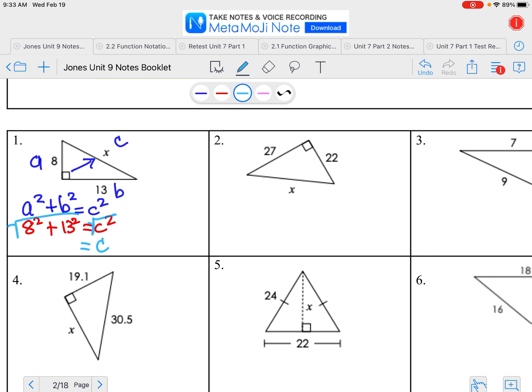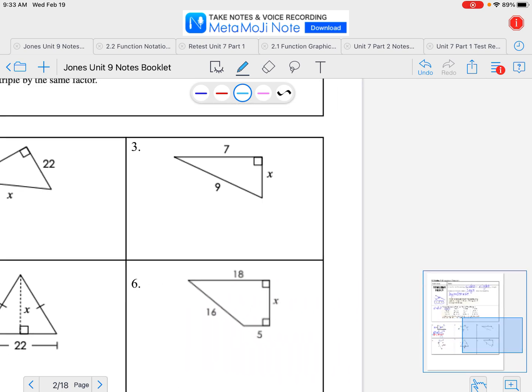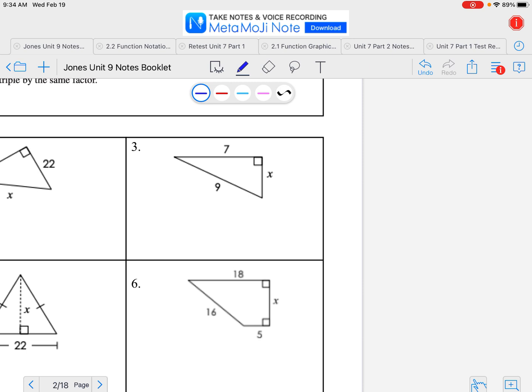But what you do to one side, you have to do to the other. So the square root of 8 squared plus 13 squared is rounded to about 15.26.